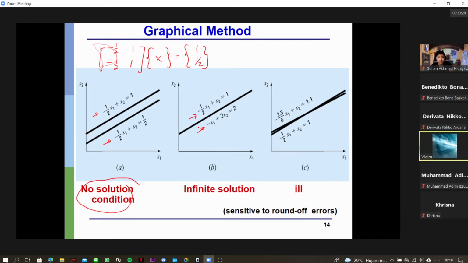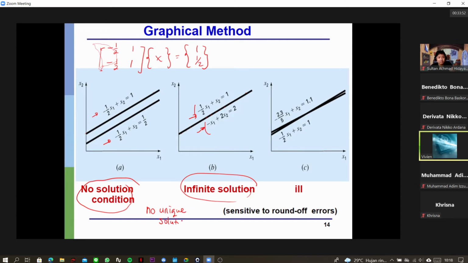So what happens here? All of this line will be the solution, because all of the points on the line satisfy both the first and the second equations. In this case, we have infinite solutions, which means we don't have a unique solution.